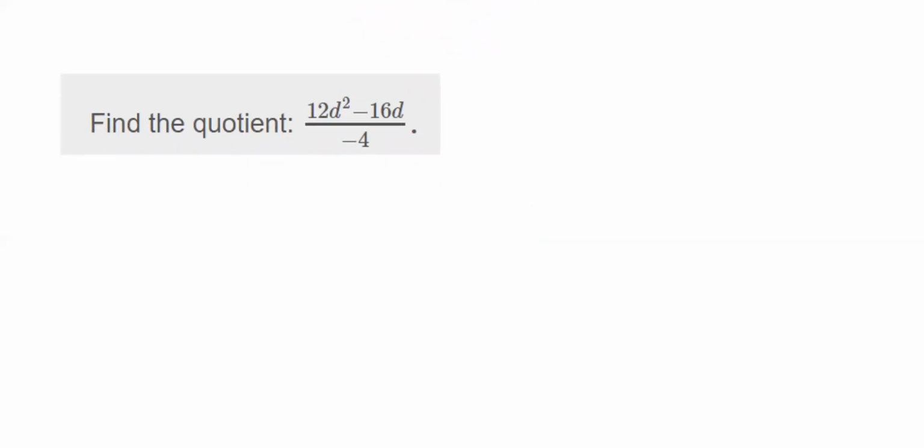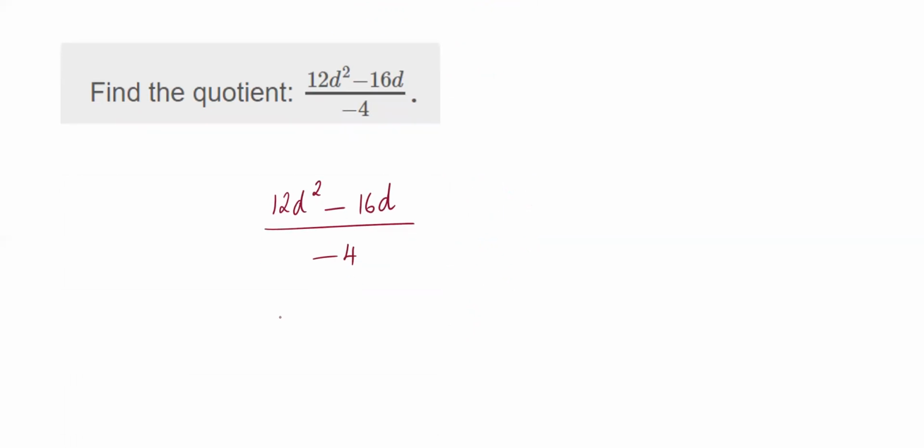Let's take a look at the next one. 12d squared minus 16d all over negative 4. Remember that the denominator is negative 4, so each part of the numerator gets the negative 4 in the denominator. There is a minus in between them. Let that be negative 4.